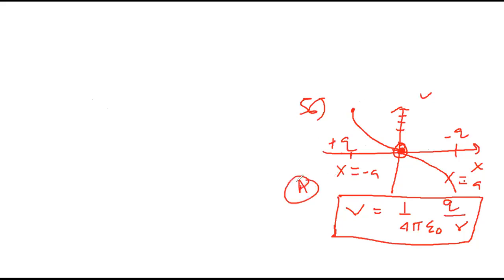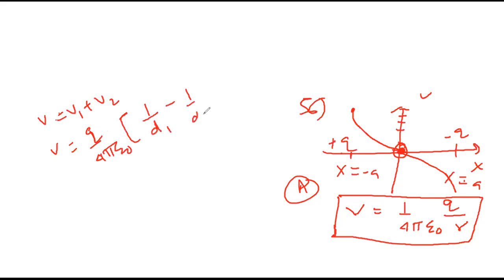Sir, can you explain this once more? What is the potential due to two charges? It will be V1 plus V2 or not? So it will be 1 upon 4 pi epsilon, q is the same for both, 1 upon the distance of the first one minus 1 upon the distance of the second one.